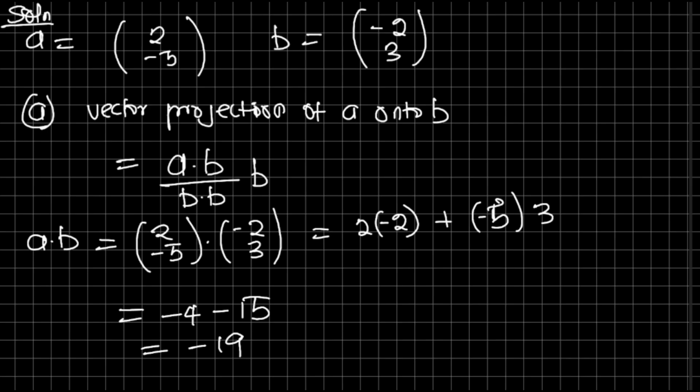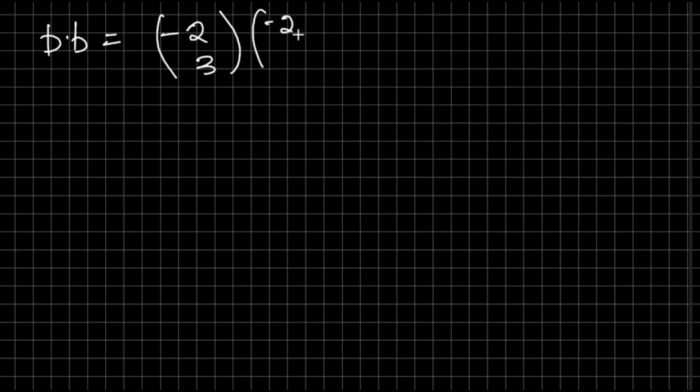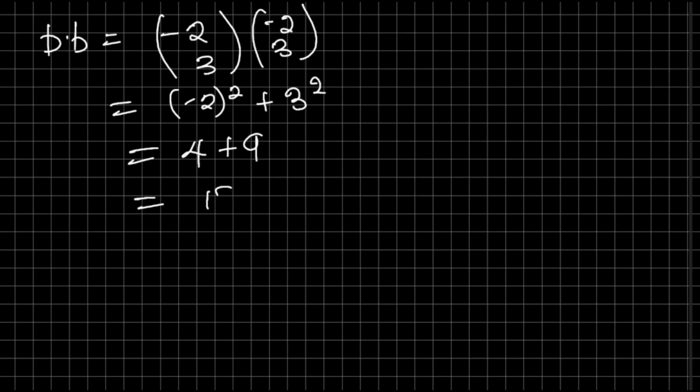And B dot B is (minus 2, 3) dot (minus 2, 3), so that will be minus 2 squared plus 3 squared, which is 4 plus 9, which is 13.